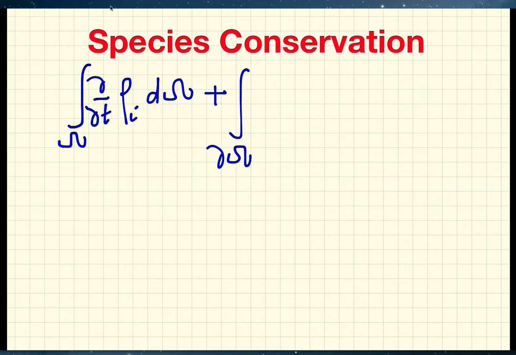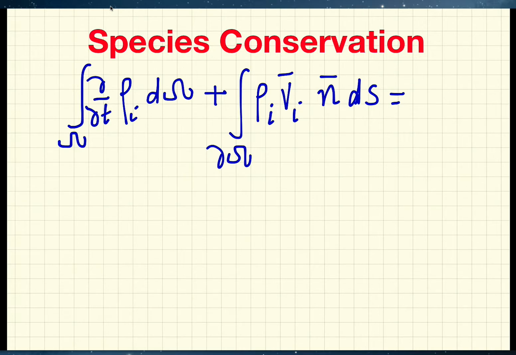So the boundary we designated by partial omega. So what is crossing is the flux of species I. We're going to denote it as v sub I with a bar because it's the vector, and is crossing the boundary, and the boundary has a normal unit vector n, and the element of area is ds.